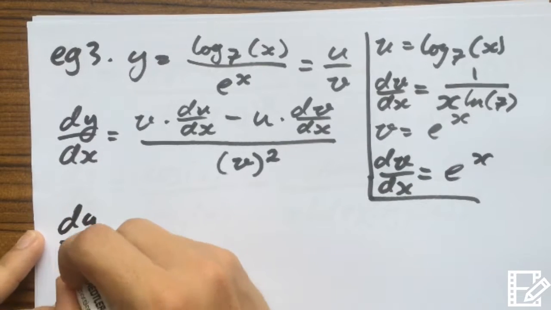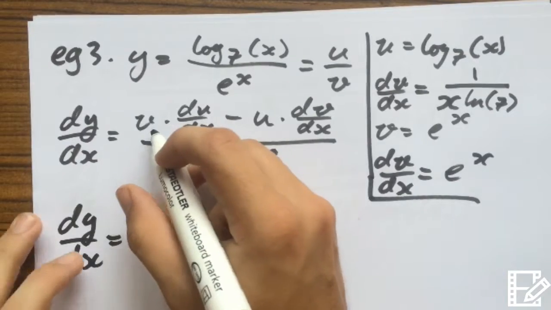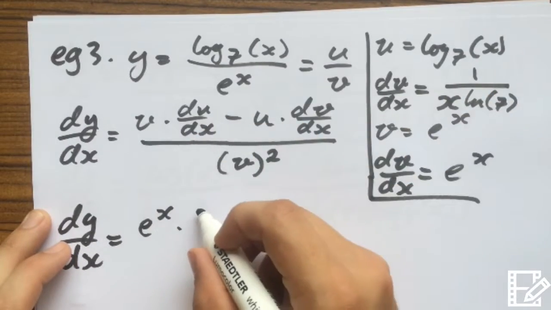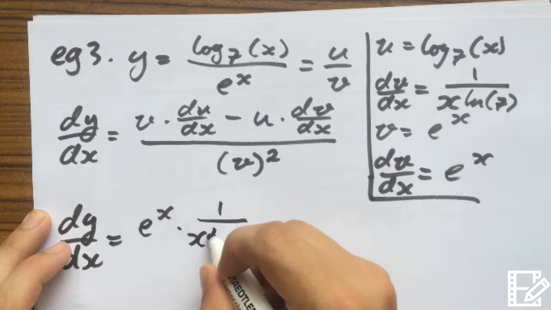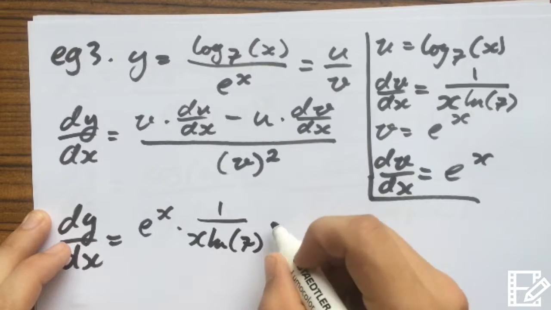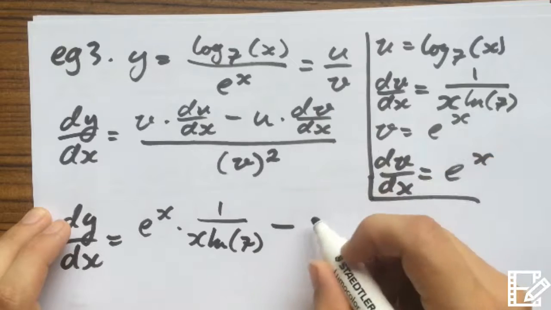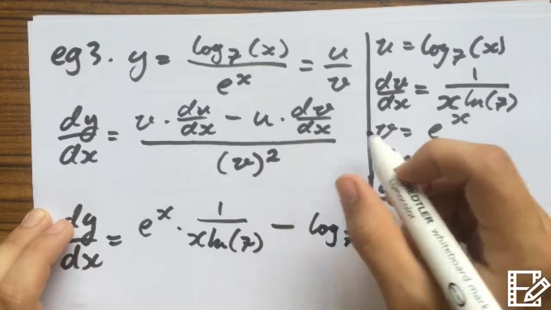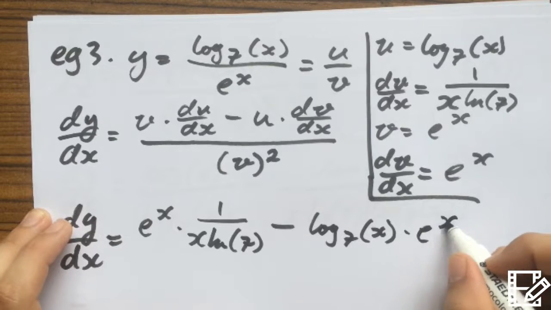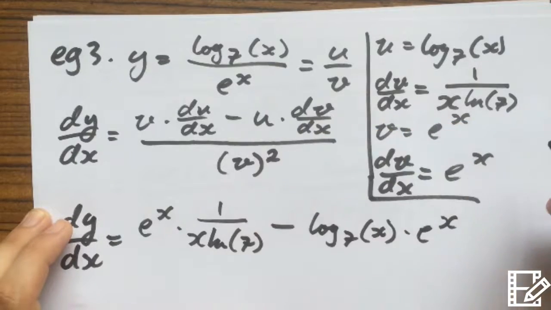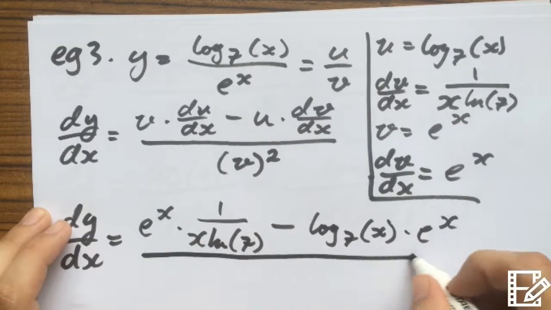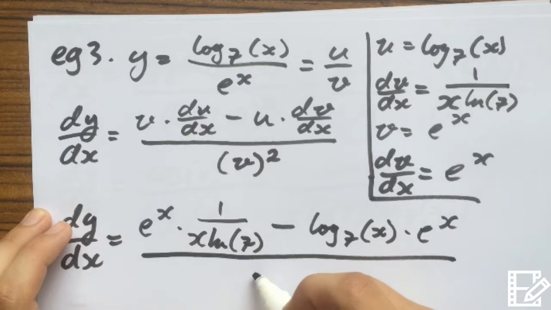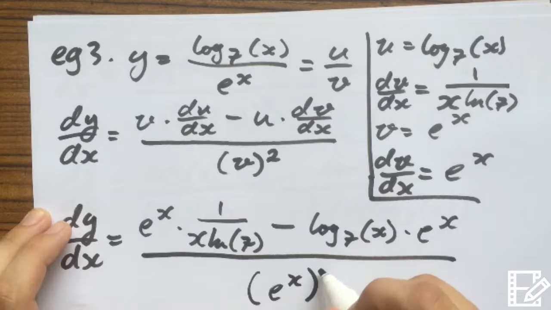Filling it in, v, e to the x, multiplied by derivative of u, 1 over x ln 7, minus u, log to the base of 7x, multiplied by derivative of v, e to the x, all over v squared, which is e to the x squared.